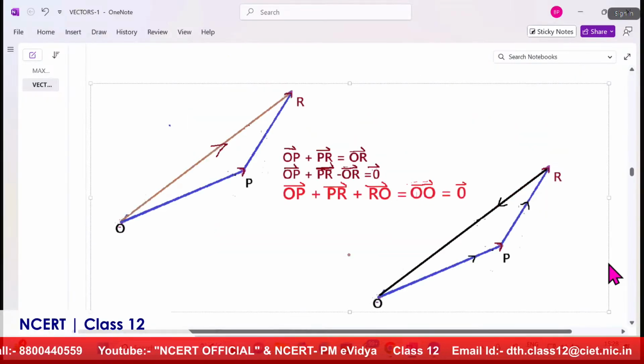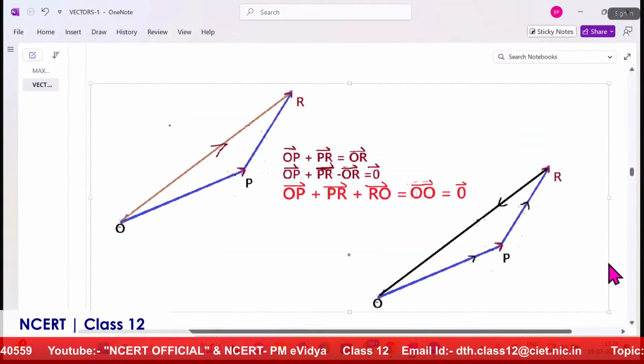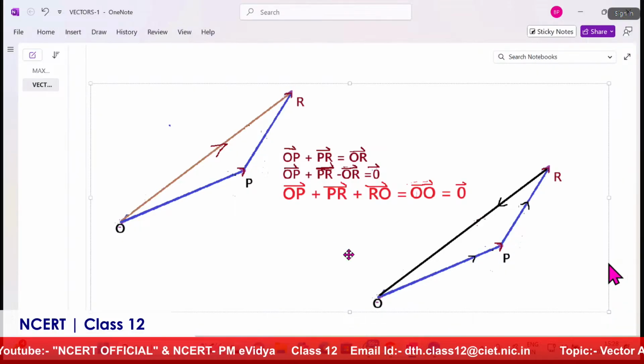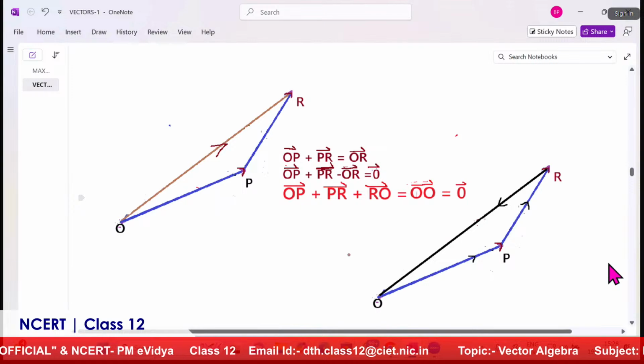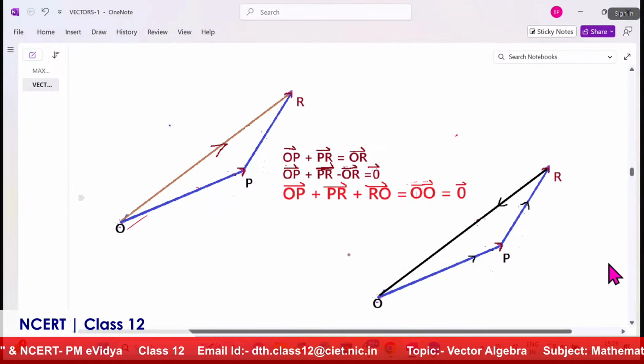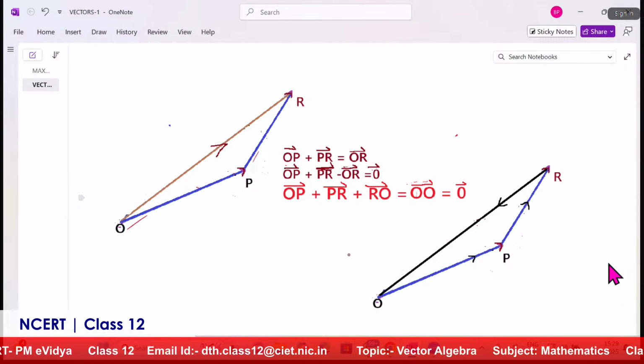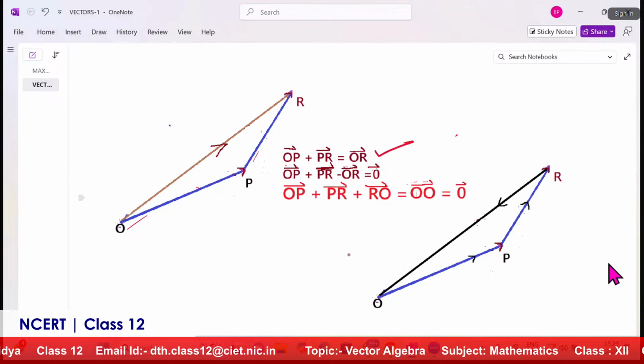Now let us analyze this addition once again. We got the resultant of OP, that is O to P, then P to R, as OR. So OP plus PR is OR.